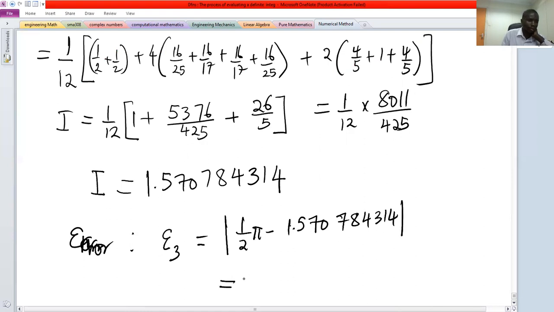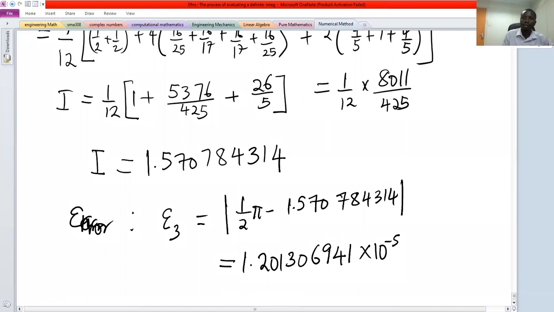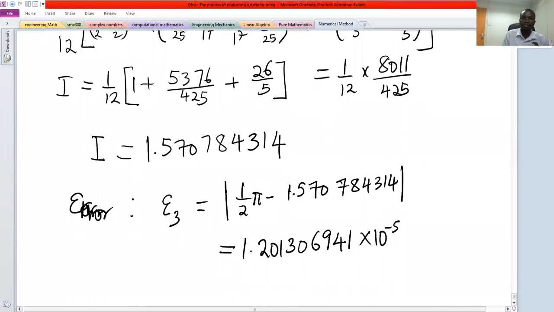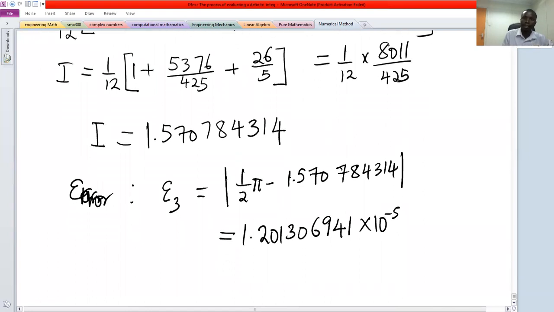When you work this out, you get 1.201306941 times 10 to the power minus 5, which is still less than the error for the same number of steps we used for the case of trapezoidal rule.